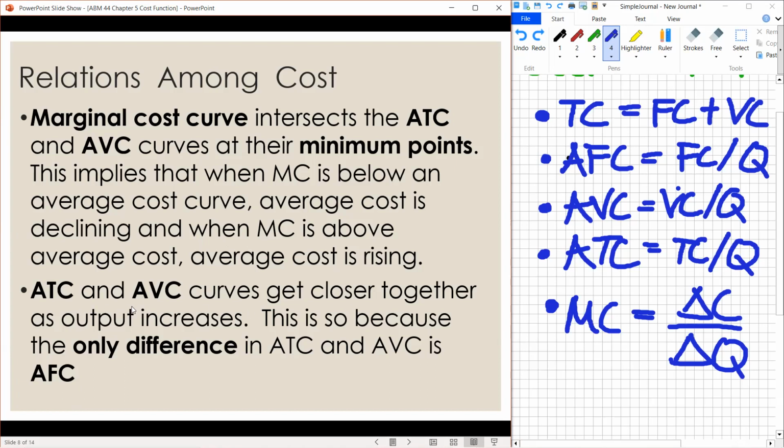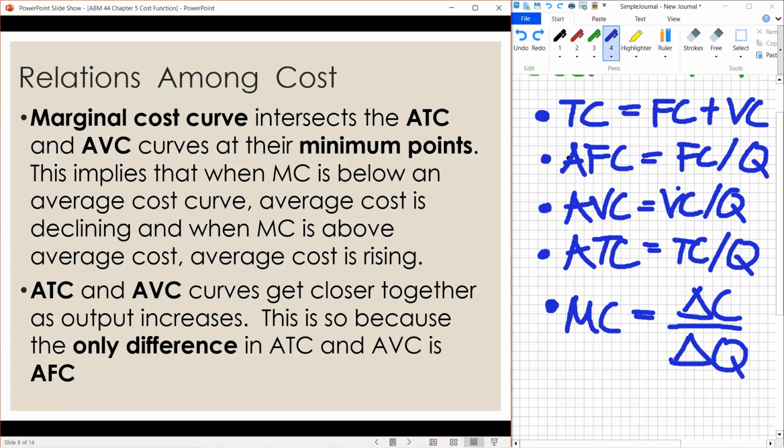So we have ATC and AVC here. These curves get closer together as output increases. They tend to get closer because the more output there is, the higher the total cost there is, average total cost. This is so because the only difference between ATC and AFC is AFC.